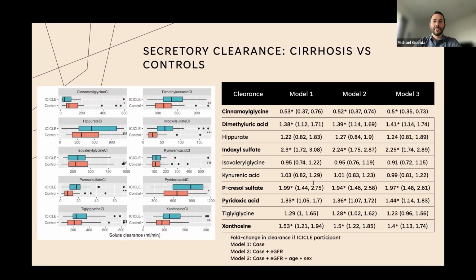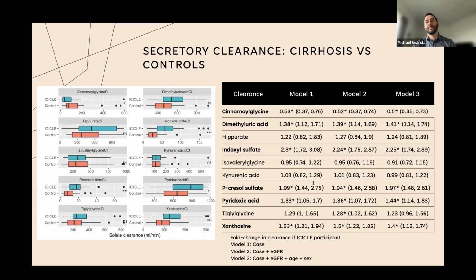And so when we look at the resulting clearances, we see something that was very unexpected. While the plasma levels of the solutes decreased in patients with cirrhosis, the clearances in several instances actually tended to increase in patients that had both liver and kidney disease, which is definitely unexpected.